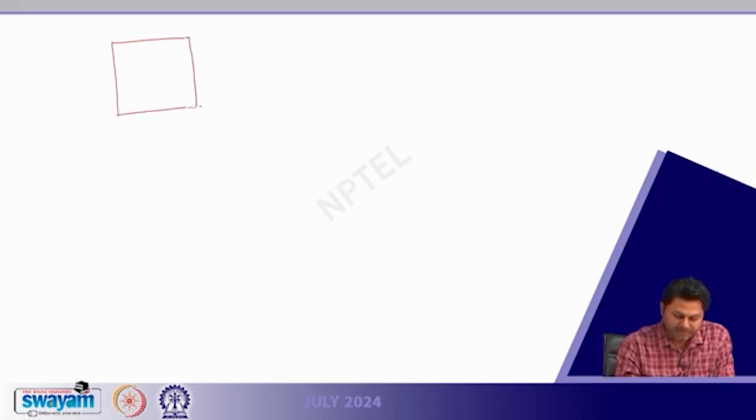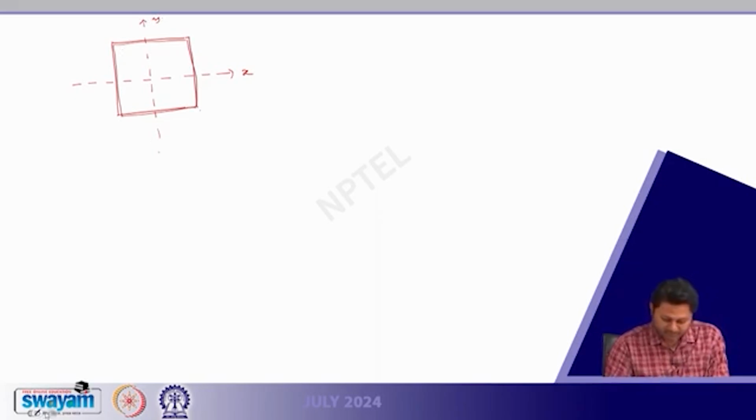Suppose this is my aperture, this is x axis, this is y, and we have a small segment here, if you remember.